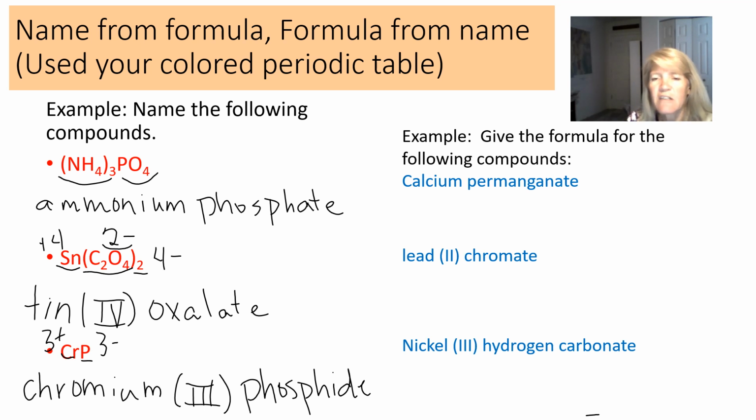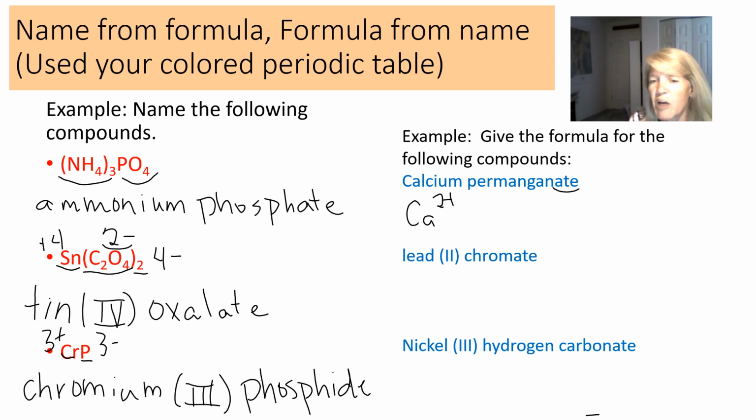Let's look at the other style where we know the name and we're trying to get to the formula. So the first one, calcium. Calcium is Ca. So what I'm going to do is list the ions and their charge, and then I'm going to put it together in a formula. So calcium's charge, you know from the periodic table, 2+. Okay, permanganate, ate, it tells you it's polyatomic.